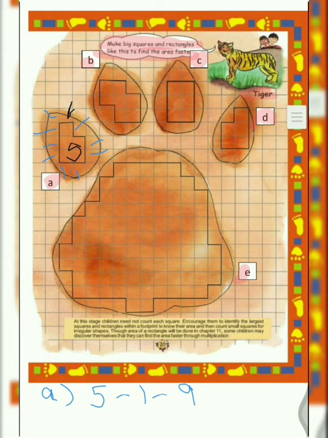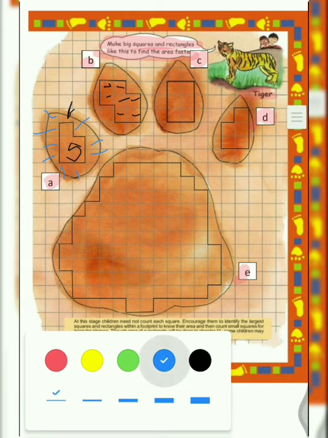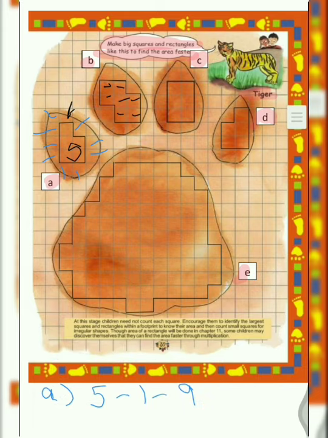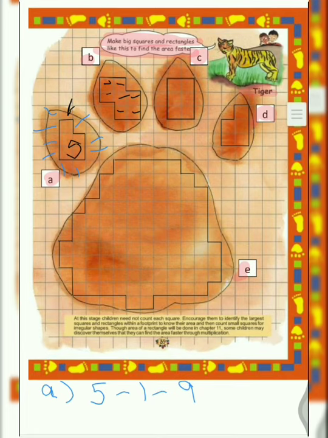How many full squares are there? So 1, 2, 1, 2, 3, 4, 5, 6 and 7. How many full squares are there? 7. Okay. Then how many half squares are there? There are no half squares covered by this shape. So 0. How many half squares are there for B? 0.